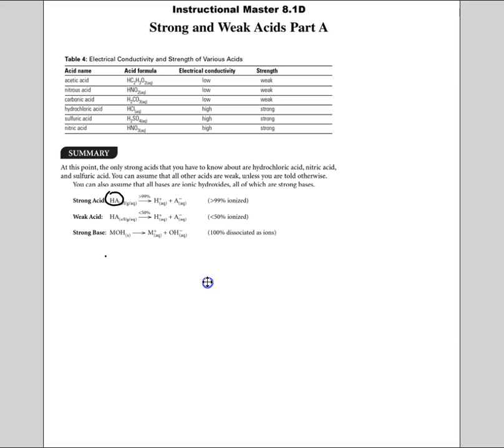So we could say in the strong acid that the equilibrium lies far to the right on the product side, and for a weak acid, depending on how weak it is, the equilibrium favors more the molecular form, which is why a weak acid doesn't have very high conductivity, nor does it have very low pH. For strong bases, those that are easily dissolved and have high solubility, we assume they dissociate almost 100%.